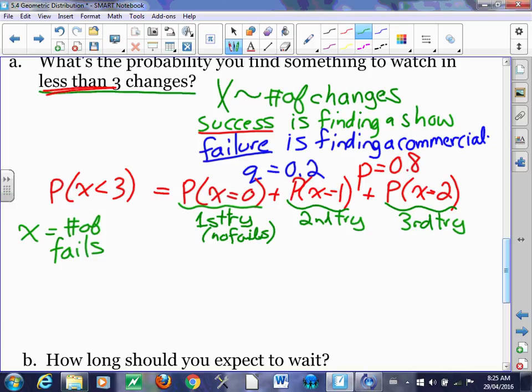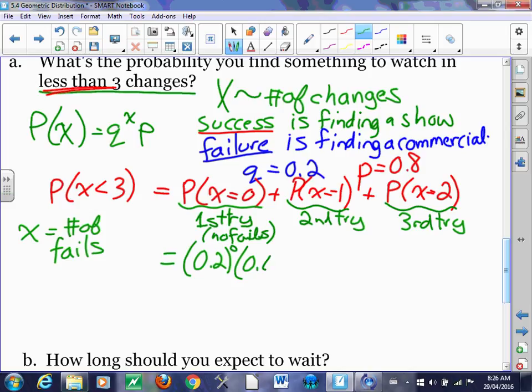How do we do this? When we take a look at x equals 0, we're going to use our formula from above. For each possible outcome, it's going to be the failures raised to the exponent of the number of failures times the success. So when x equals 0, that means we had no failures, which means we had only success on the first try.